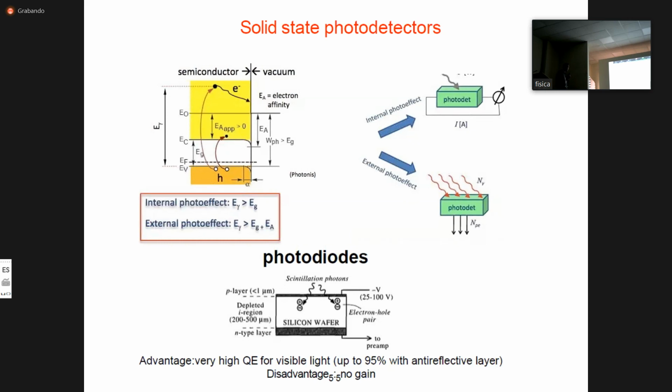And they proposed to use these silicon diodes in order to detect light.